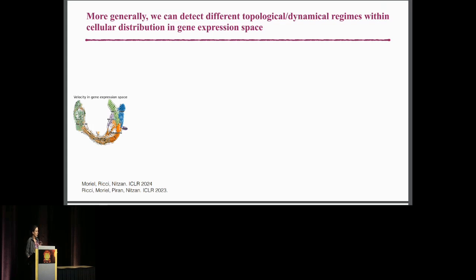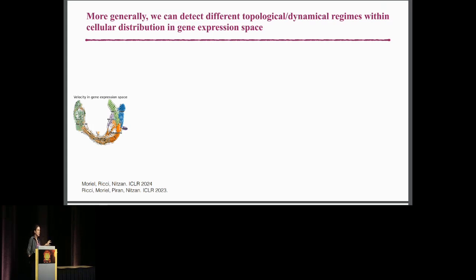So not using any information about the genes, but just using the fact that the dynamical behavior of the cells changed throughout this process, and specifically the regime of proliferation. When the cells are going through the cell cycle, we would expect to see a cyclic behavior in gene expression space, and maybe something that's a little similar to a limit cycle in that part of the space.